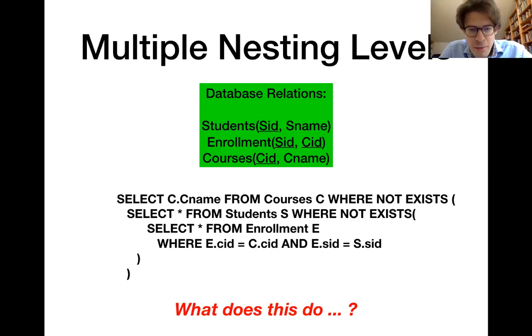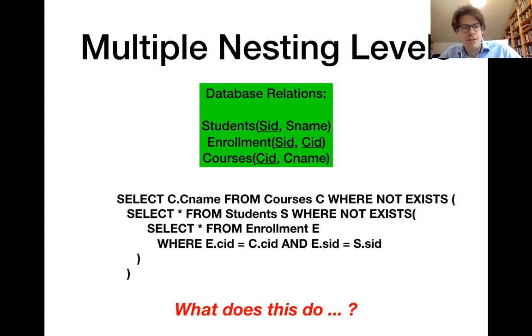Now, this innermost subquery is contained within a not exists clause in that middle query, which selects from the students table. So basically in that middle query, I am producing students which are not enrolled in a specific course, because the enrollment information for this student with the currently selected course in the outer query is empty.